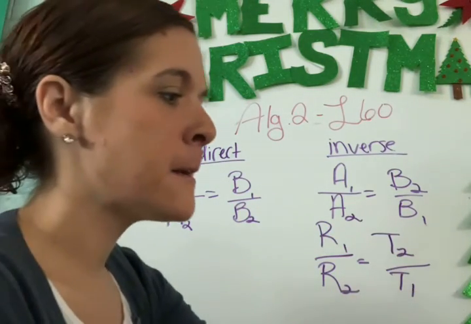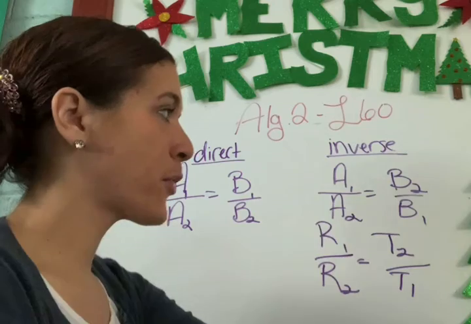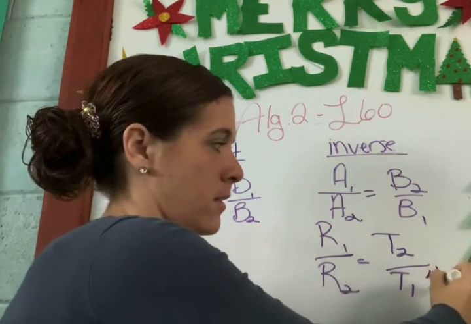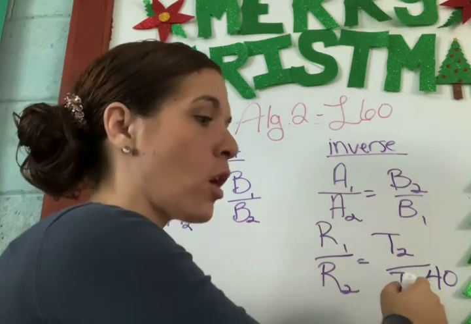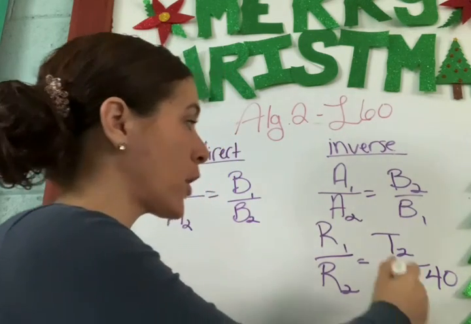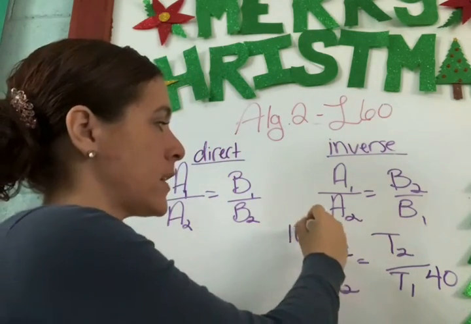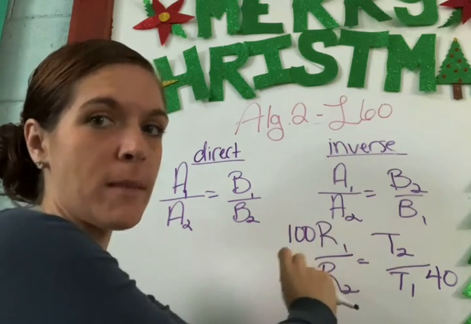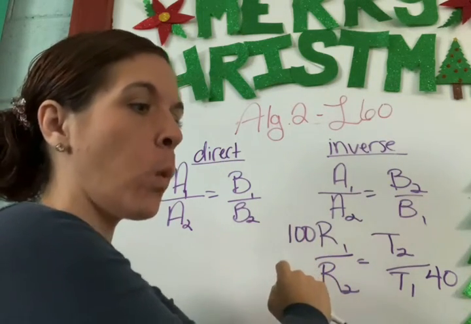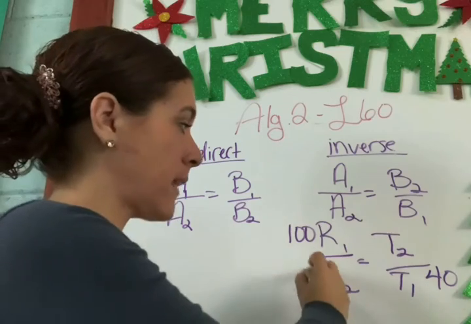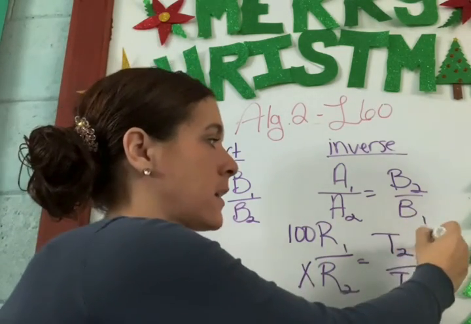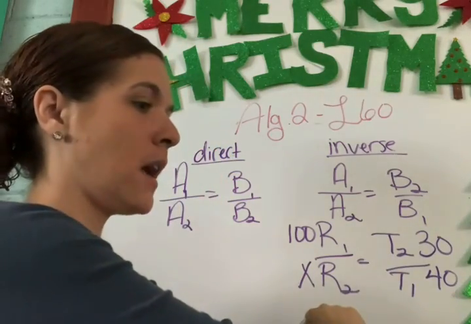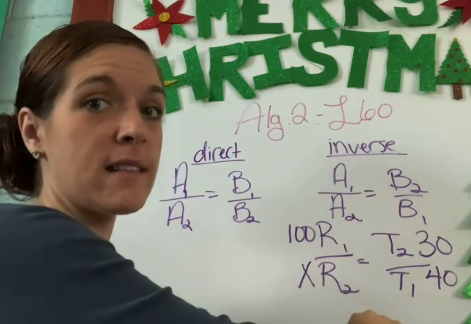If 40 teeth, that's T1, result in 100 RPM, that's R1, the first one mentioned. What would be the RPM, that's going to be our X, if there were 30 teeth? That's T2, because it's the second one mentioned.